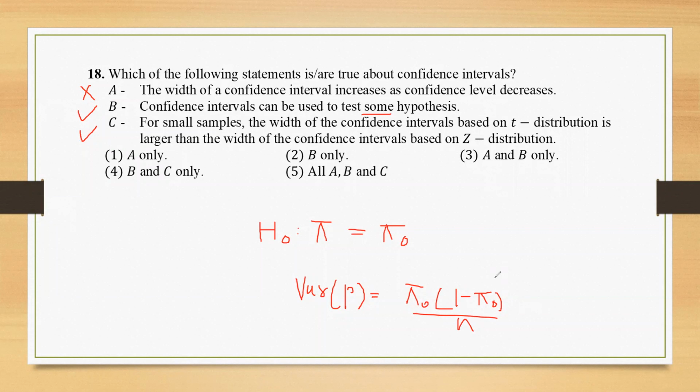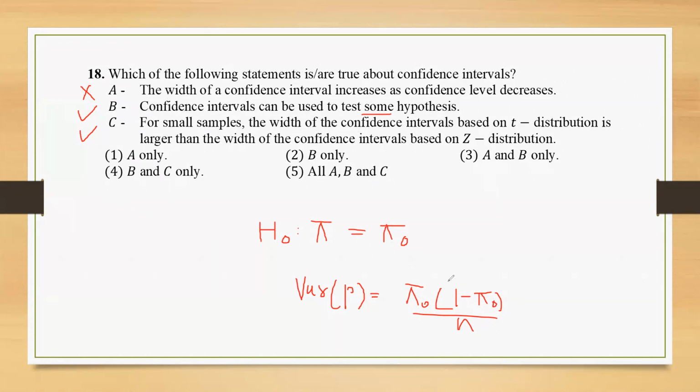When you are doing hypothesis testing for population proportions, you use hypothesized proportion values in order to calculate the variance of your estimate. Based on this, you perform the hypothesis test.